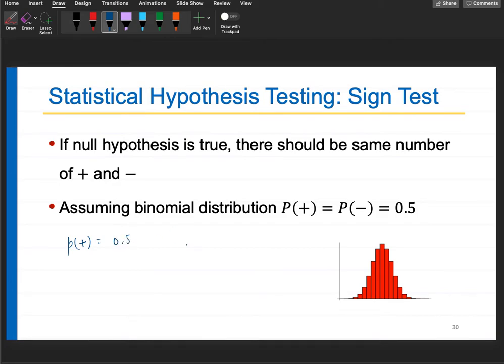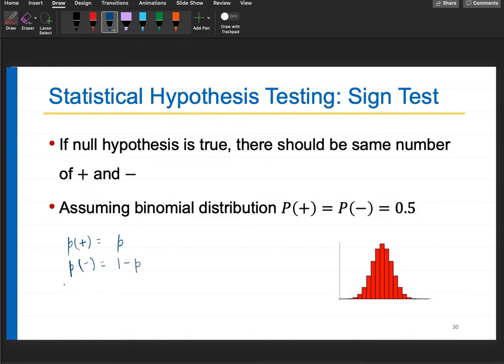In general you call it p, any p. And the probability of getting a minus sign will be 1 minus p, because only two outcomes are possible. If one is not there, then the other one will be there.